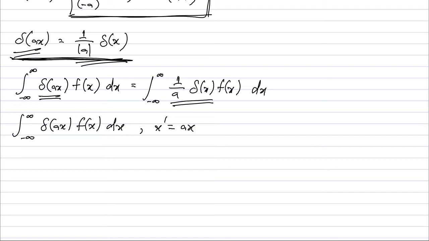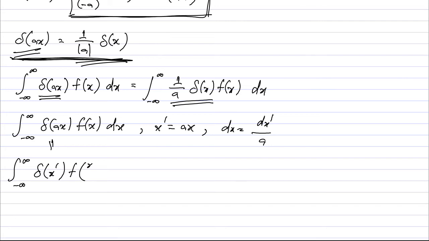So once you have this, dx is equal to dx' divided by a, and I can write this integral from minus infinity to infinity. A is positive, so if x is plus infinity, x' is plus infinity, and so on. And so this is delta of x' times f of x' over a, and dx' over a.